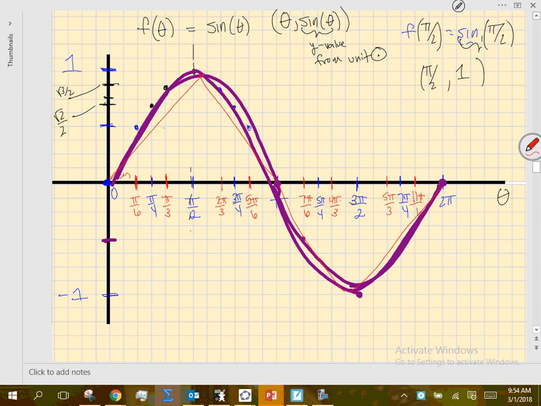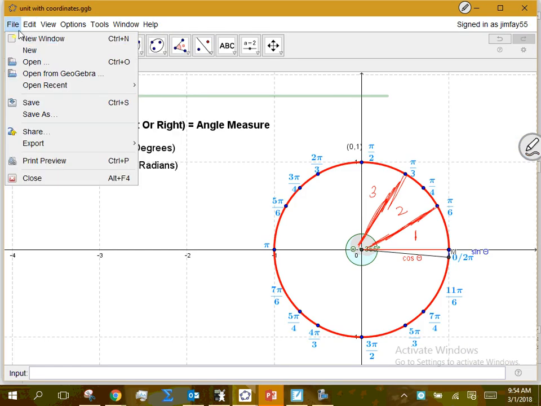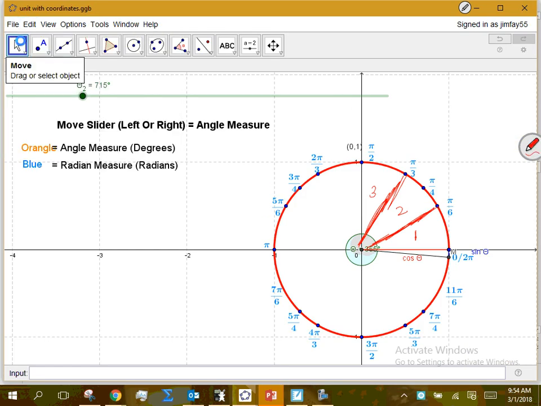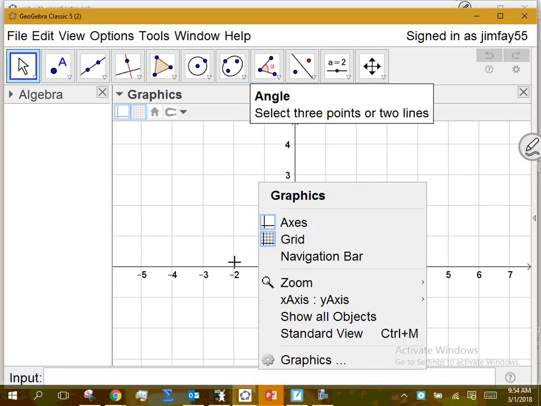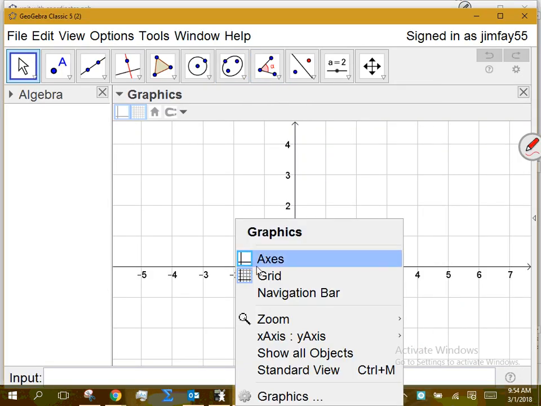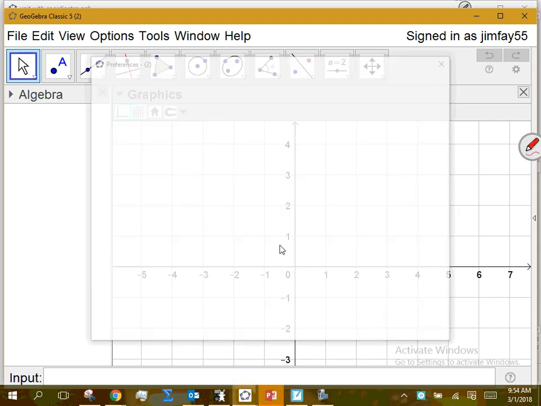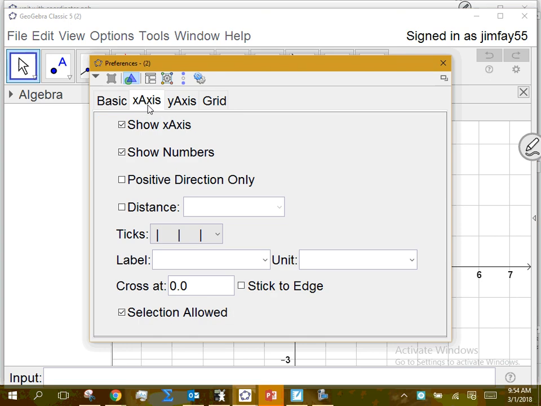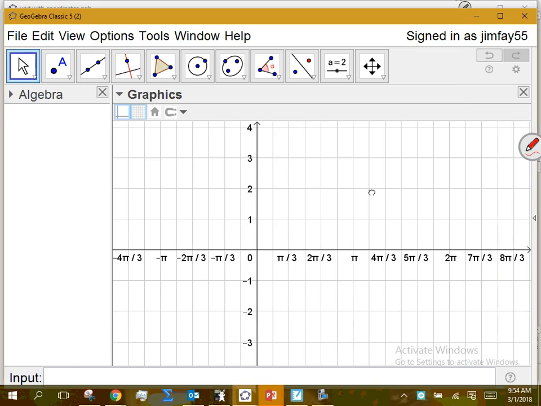Okay. Now, what I want you guys to realize, because we know that the sine function and the cosine function have a domain of all real numbers. These things go on forever in both directions. So what we just came up with is just a kind of cropping of the sine curve.